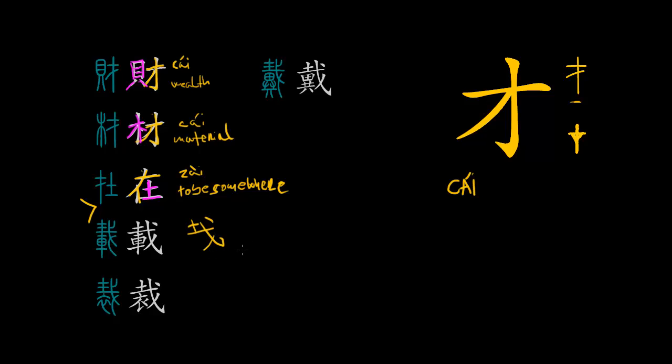The character looks sort of like this, and it is pronounced, if I remember correctly, zai in the second tone. So you can clearly see the pattern, and it means to cut something.